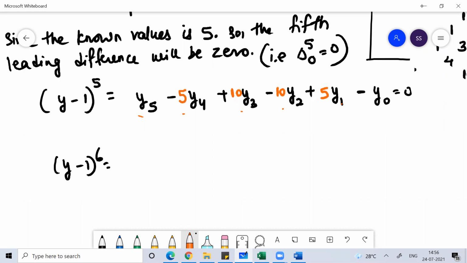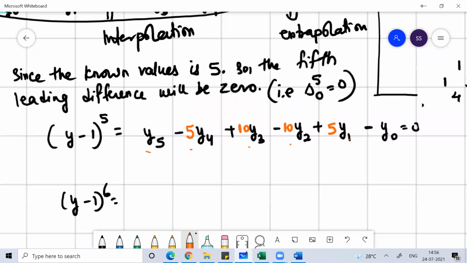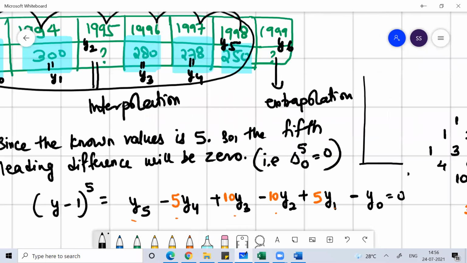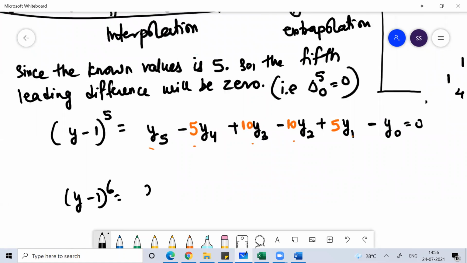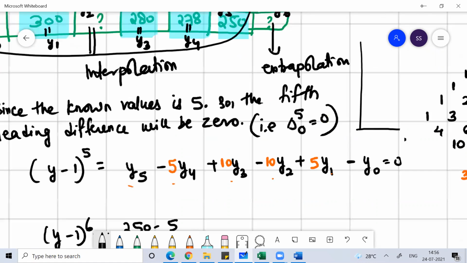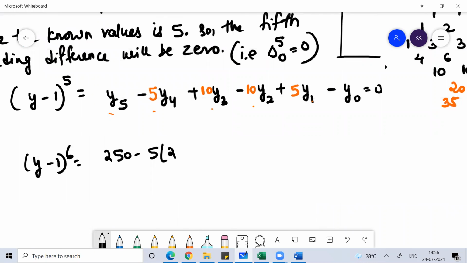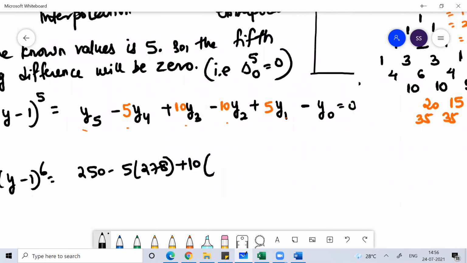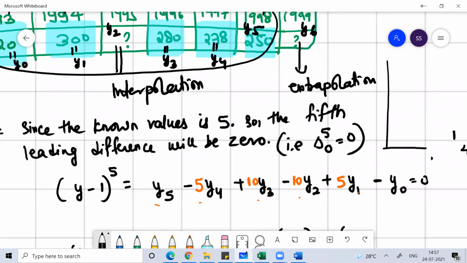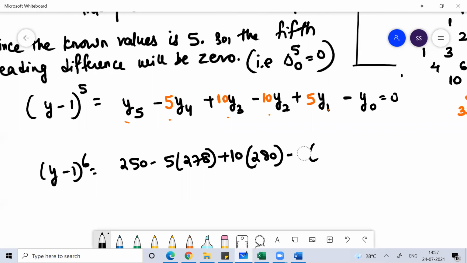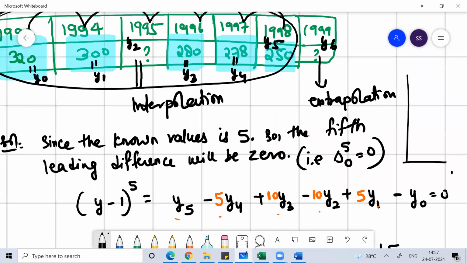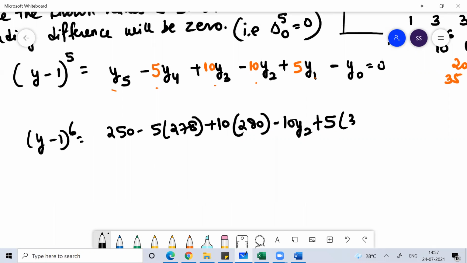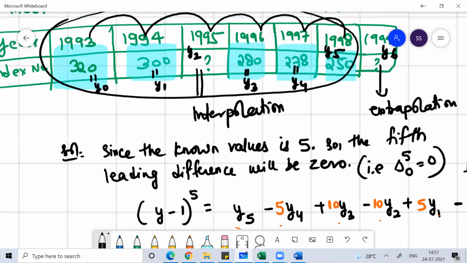So now once you get this, what is y5 here? y5 is 250, minus 5 y4, which is 278, then plus 10 y3, which is 280, minus 10 y2, you have to find, plus 5 y1, 300, minus y0, 320.